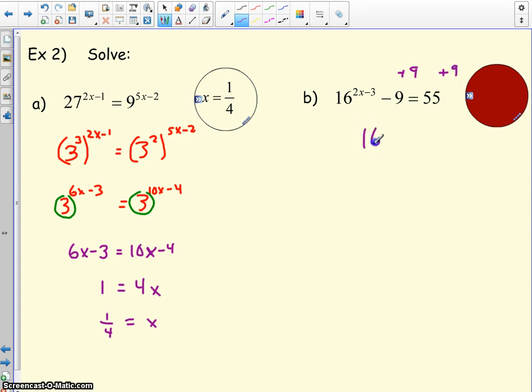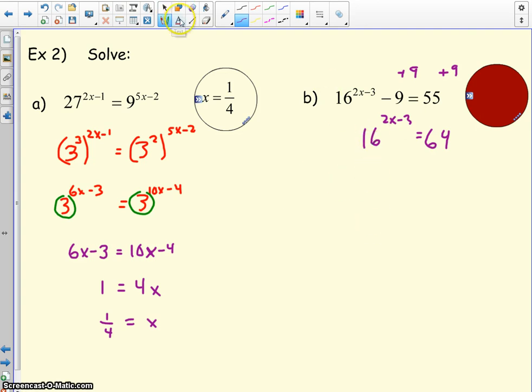So I'm going to be left with the 16 to the 2x minus 3 on the left side, and 64 on the right side. So I want to be able to express 16 and 64 under a common base. And I actually have two options here. 16 and 64 are both powers of 4. They're also both powers of 2. I'm going to try and work with the largest base possible, so I'll express these both as powers of 4. But if you want to use 2, that's absolutely fine.